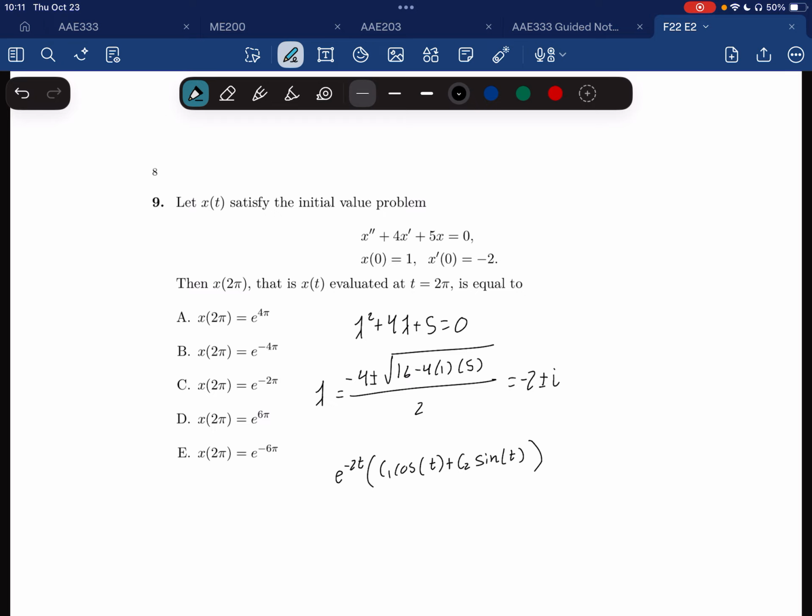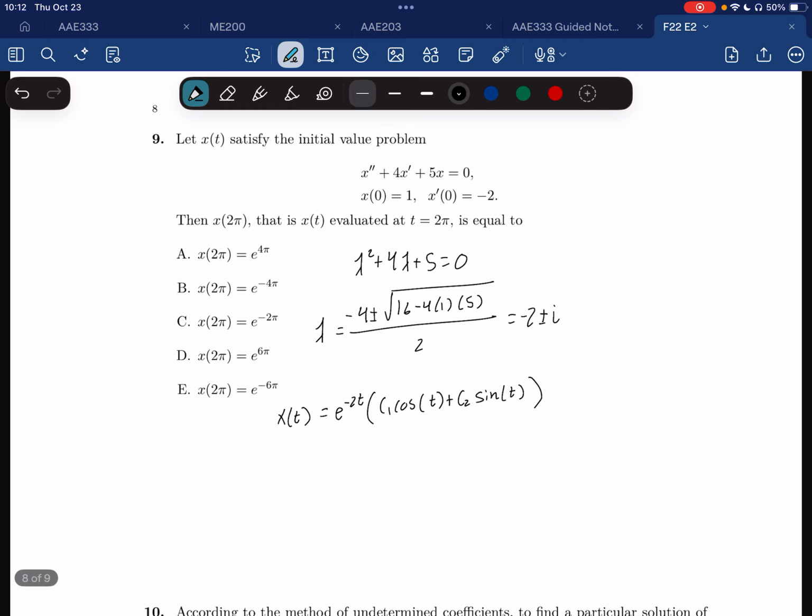Before we apply initial conditions, we need to find x prime of t. So this is going to be a product rule.